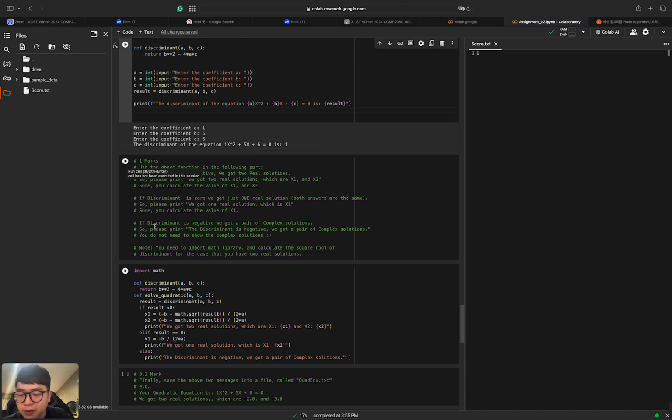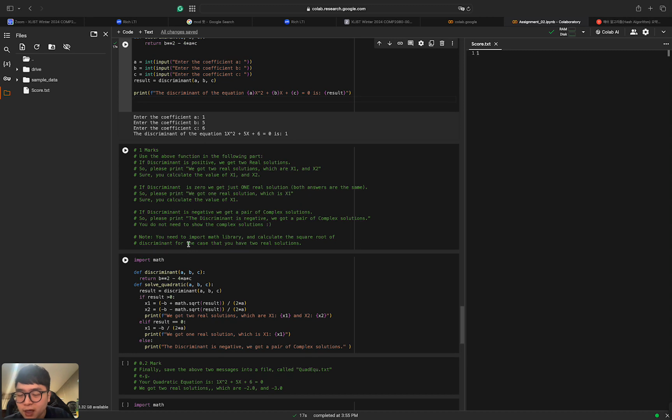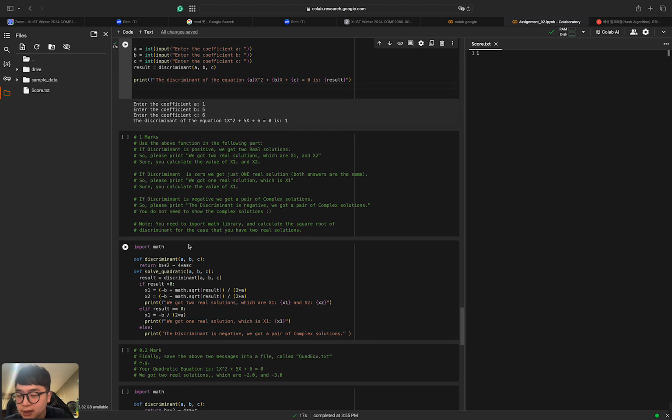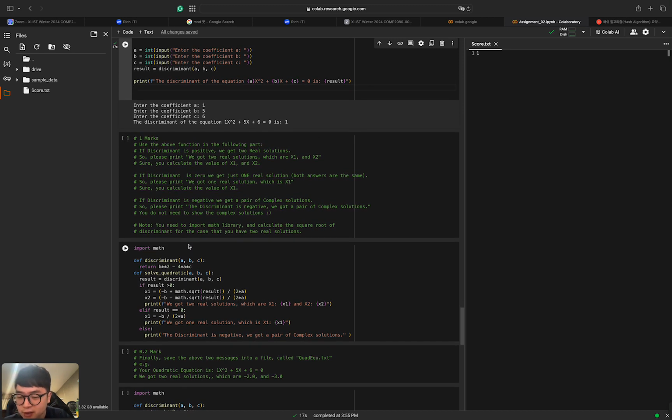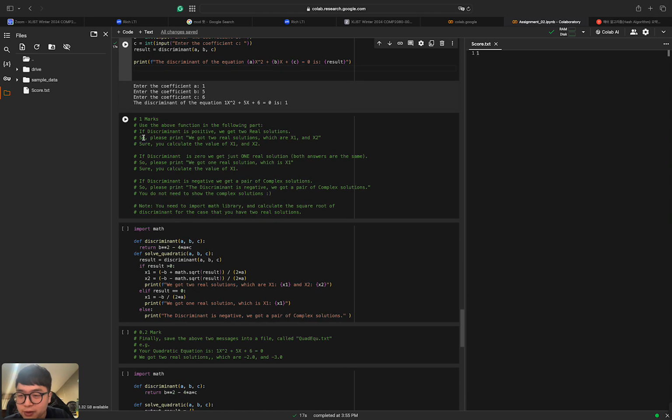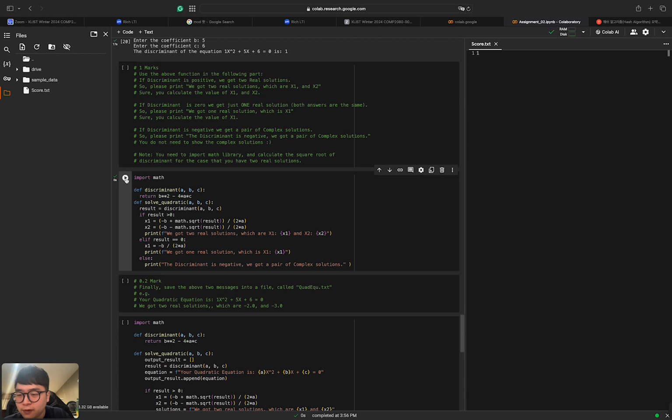The second part is the same as the first part, but I have to make the function to calculate actual values. So here, if I run it, it'll be saved. I'll just simply go through the code. I make a function, discriminant, as you gave in the examples.